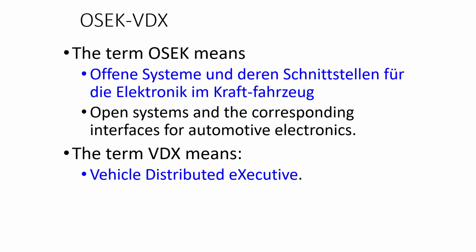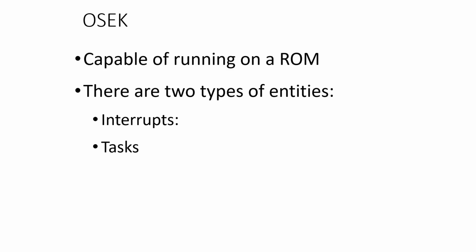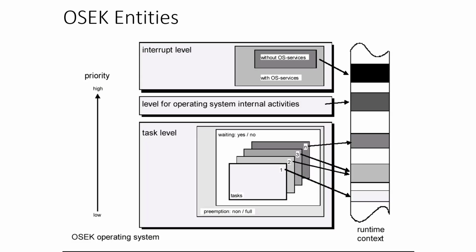VDX means vehicle distributed executive. So we will have a lot of application software, the OSEK operating system, and a microcontroller. This is one of the very few operating systems that are explicitly dedicated for a vehicle. It's capable of running on a ROM, and there are two types of entities, interrupts and tasks primarily.